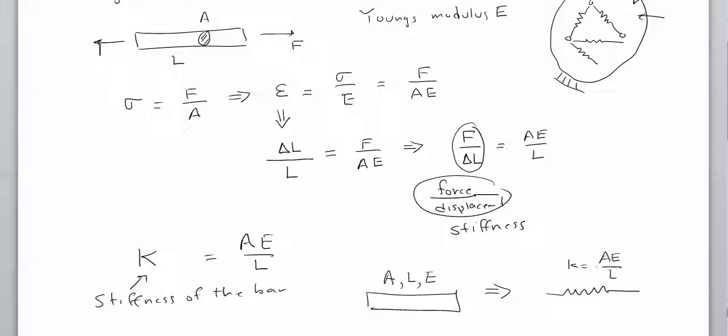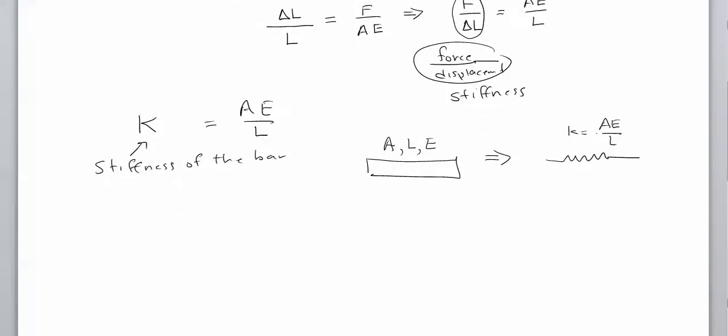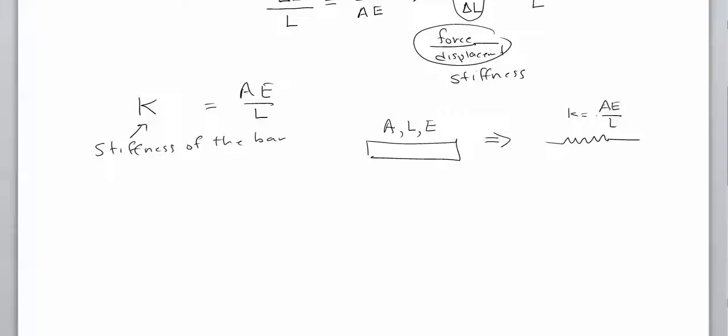So in the case that my three-dimensional object is really made of these axially loaded members, then we can represent it with a collection, essentially, of springs with the appropriate stiffnesses. I'm going to concentrate only on a static problem.